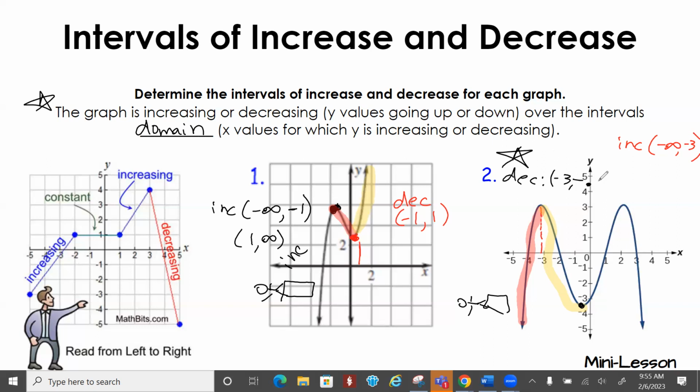Yeah. All right, can you figure out this next part? Take a second. Okay, so are we increasing or decreasing on this next part? And where are we increasing from? -0.5 to what? 2, right? Okay.